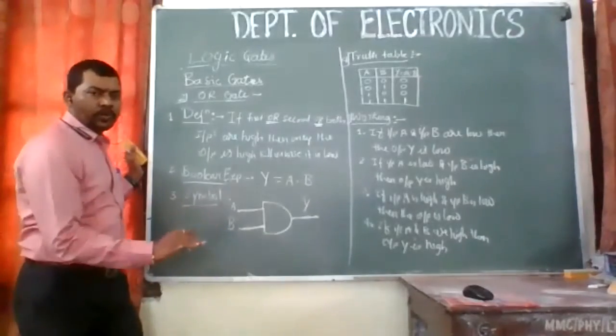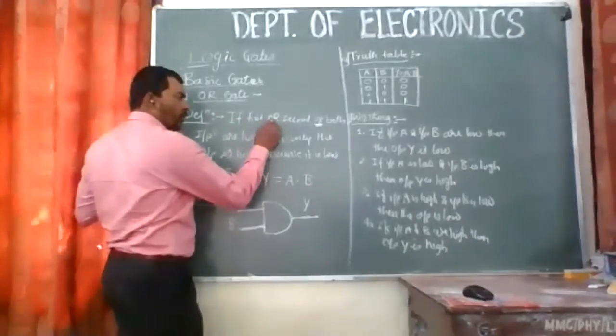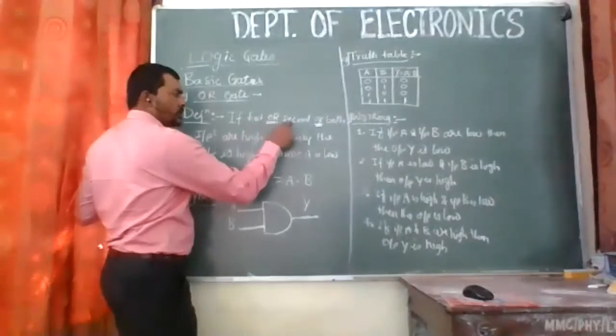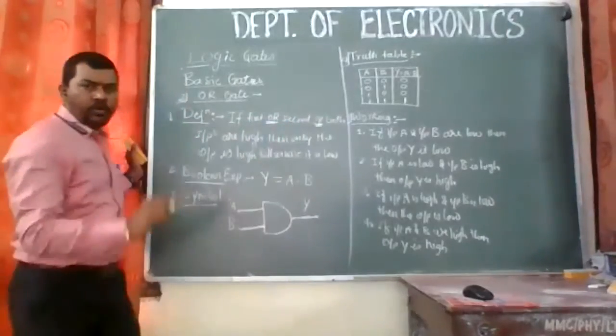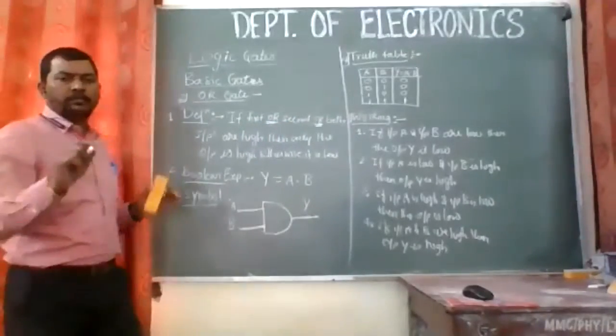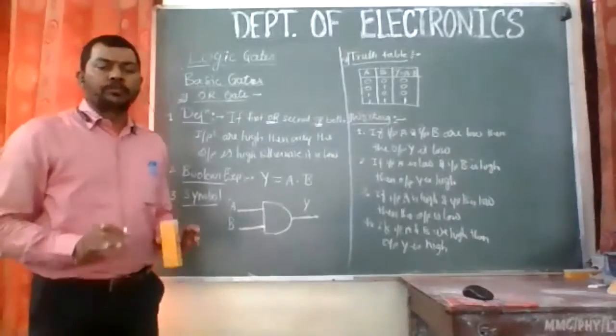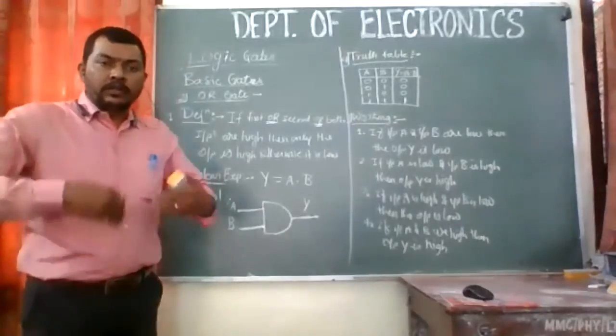Again, I am repeating it for you. For the definition of an OR gate, if first or second or both the inputs are high, then only the output is high, otherwise it is low.